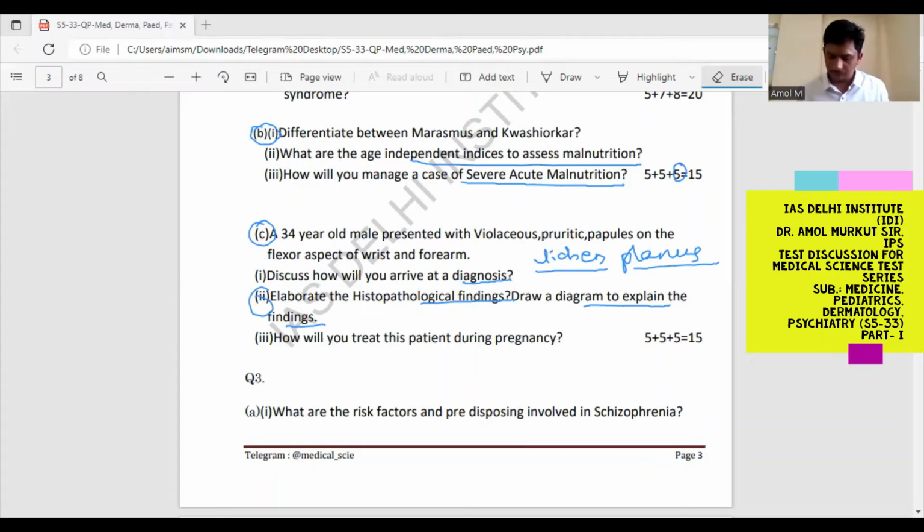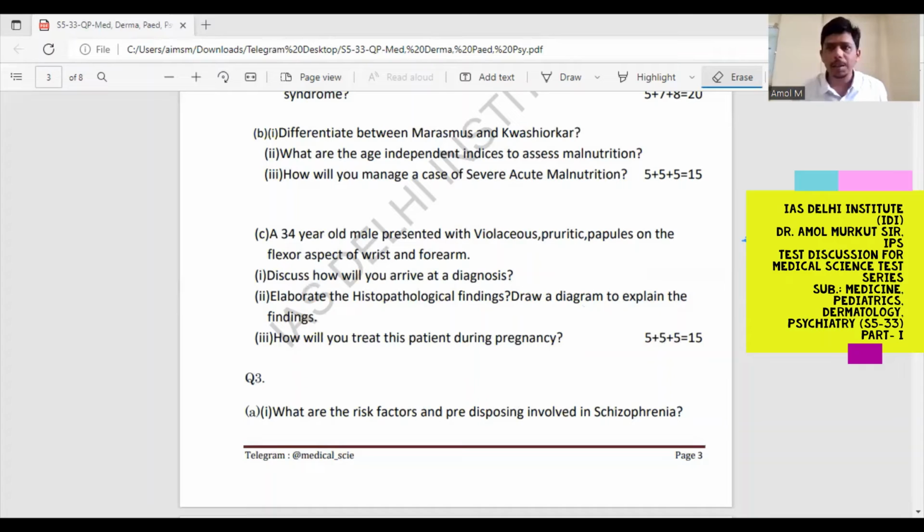How will you draw the diagram? It is simple, kind of like this. So see, this upper layer is thick.